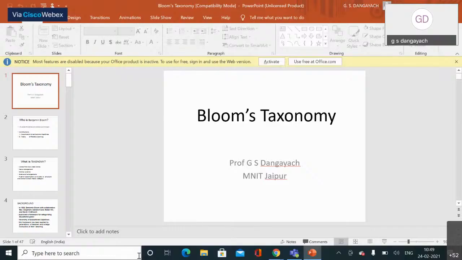Some questions must assess each of them. Another thing NBA asks is which question is appropriate to measure which CO, which question addresses which course outcome. So this is the relevance and importance of Bloom's taxonomy.